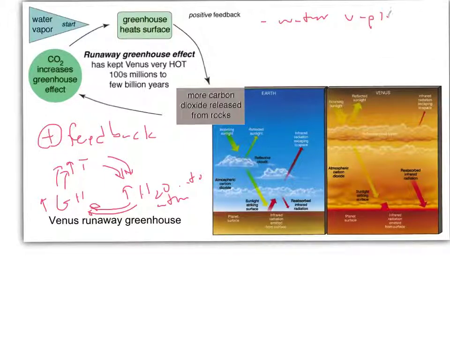And of course, once Venus lost its oceans, it would have had no means to sequester carbon dioxide from the atmosphere, as we talked about with the carbonate-silicate cycle on the Earth.